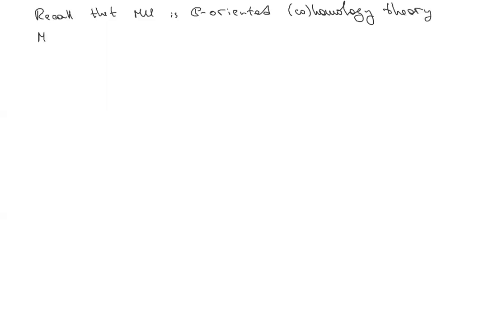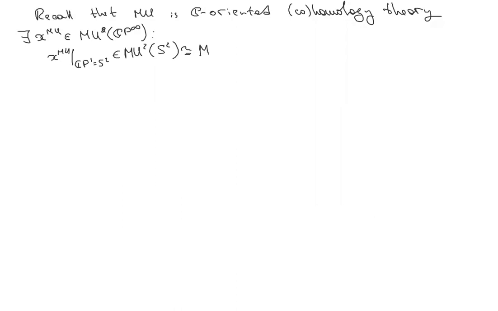This means that there is a class x_mu in mu^2 of CP infinity, such that its restriction to CP1, which is the same as S^2, lies in mu^2 of S^2, and this is isomorphic to mu^0 of a point.